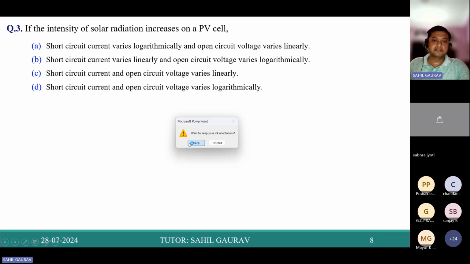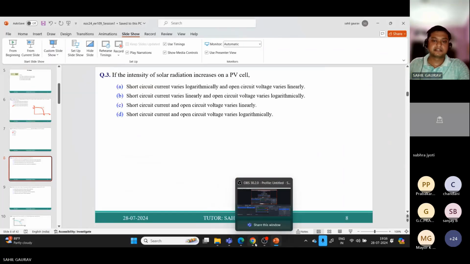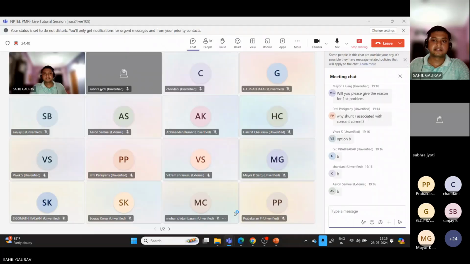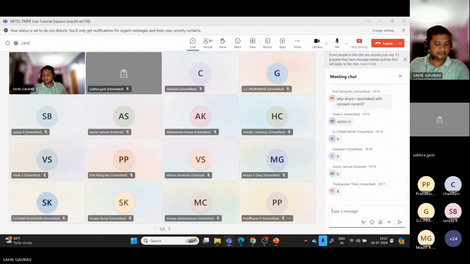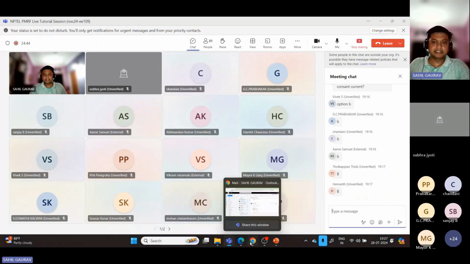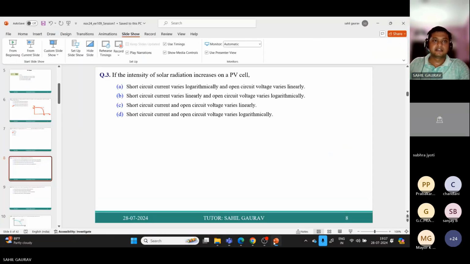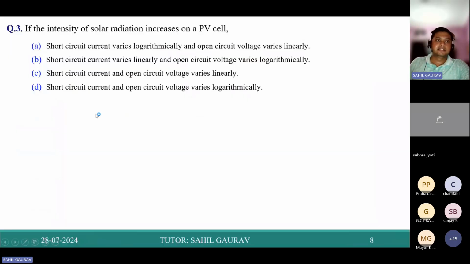Answer in the chat box. Yes, correct. The correct answer is option B. The short circuit current varies linearly and open circuit voltage varies logarithmically.